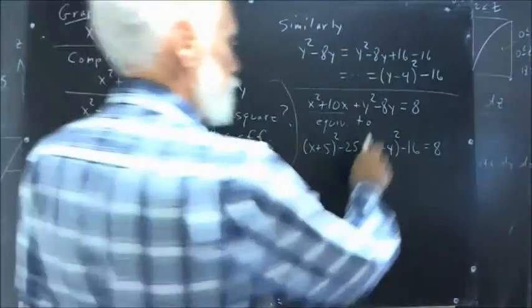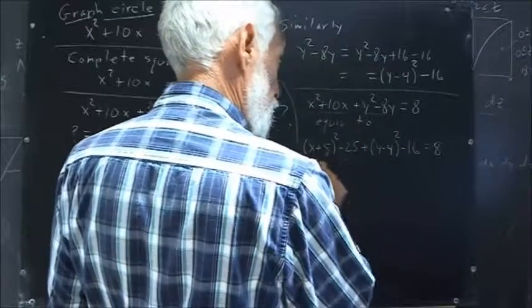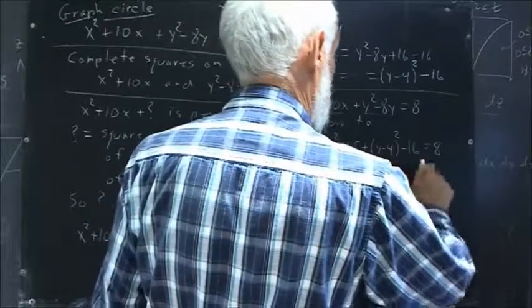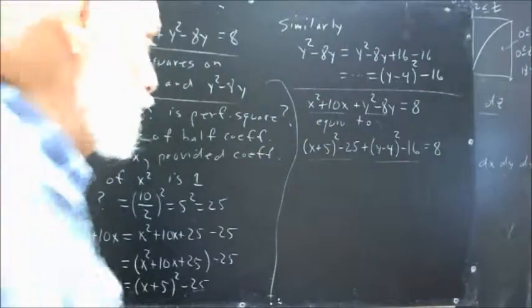And the equation becomes this. The x plus 10x is this. The y minus 8y is this. And now we can simplify the equation.